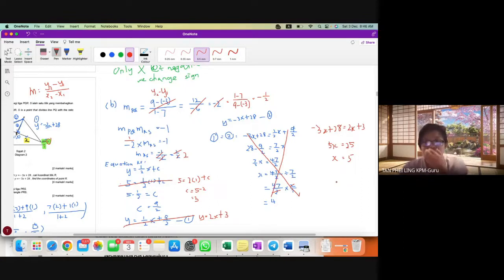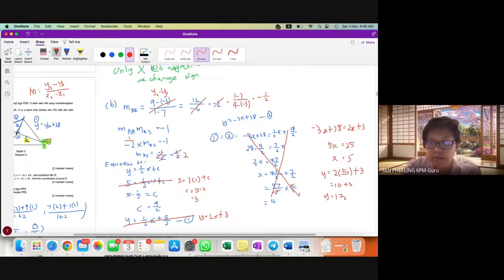Just divide, and then I can put x into the equation. Any of the equations will do. Let's say the easier one, y equals 2x plus 3. Then I will get 10 plus 3, which is 13.